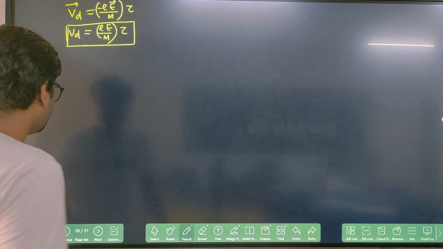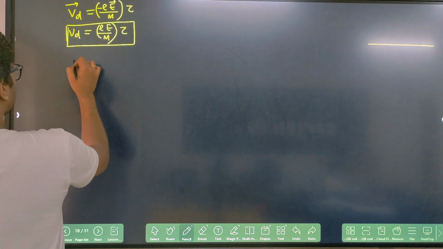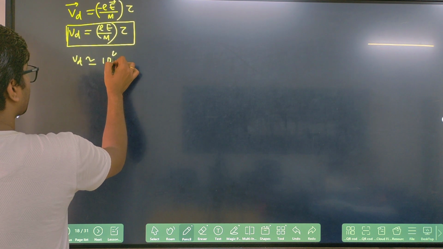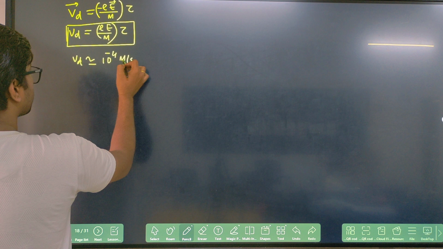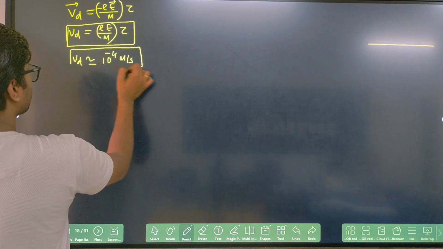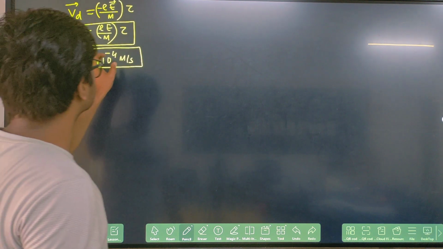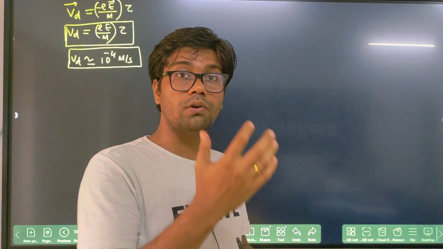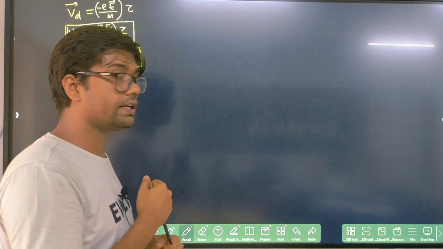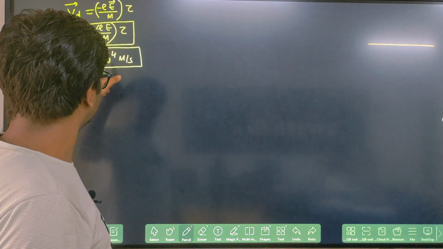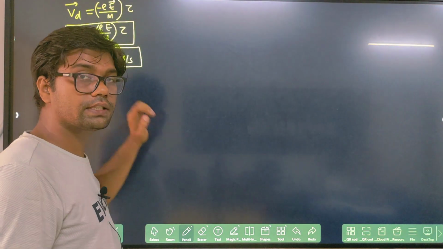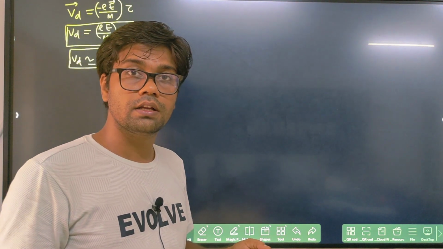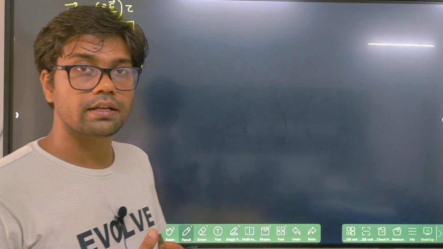The drift velocity is of the order of 10 to the power minus 4 meter per second. This is a very small velocity. The thermal velocity is 10 to the power 5 meter per second, but it is not giving any current. But here the drift velocity is 10 to the power minus 4 meter per second, and it is also giving a current.